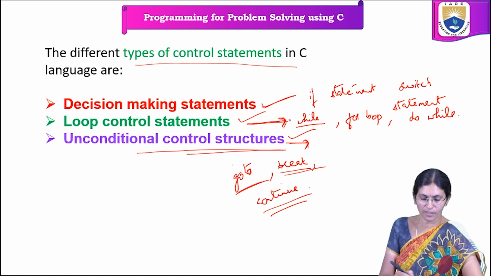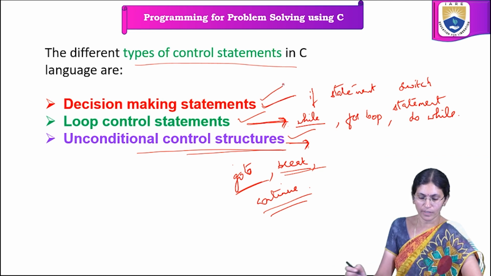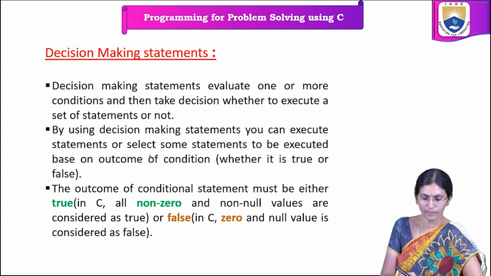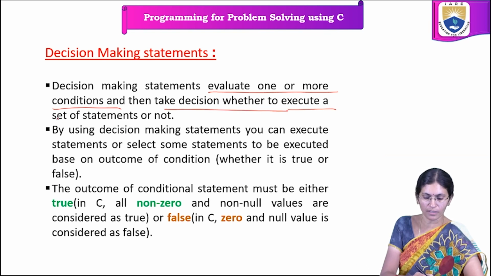In today's video lecture, we will discuss in detail the decision making statements. In decision making statements, we have the if statement and the switch statement. Let us see what decision making statements are. They evaluate one or more conditions and then decide whether or not to execute a set of statements.